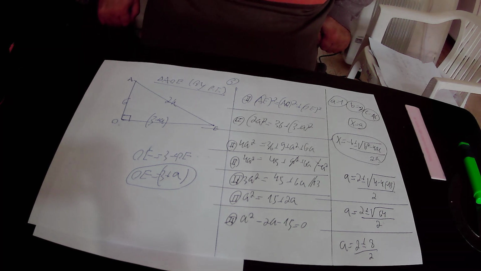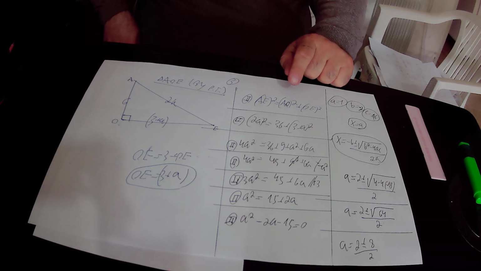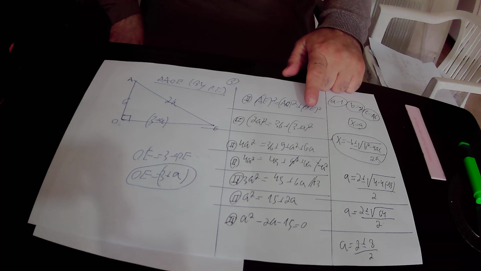So in conclusion, we found out that according to equation number 2, (2a) squared equals 36 plus (a plus 3) squared.